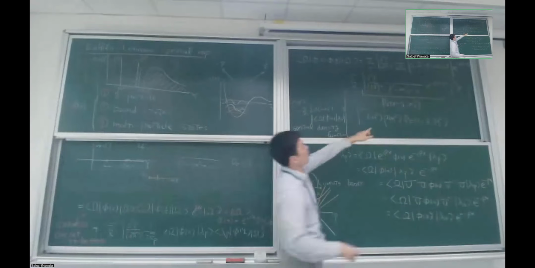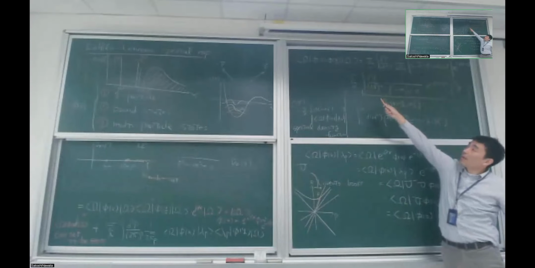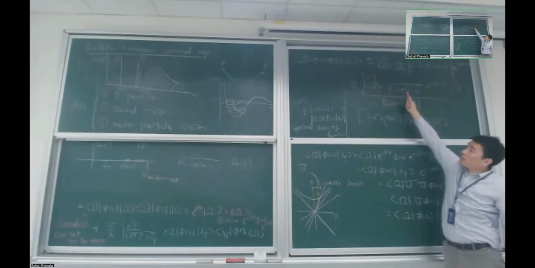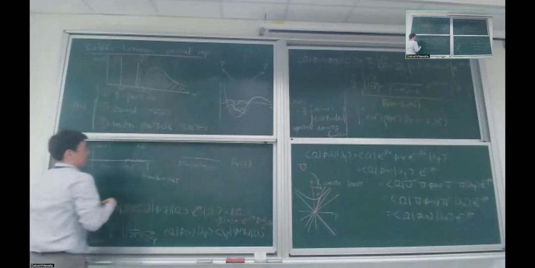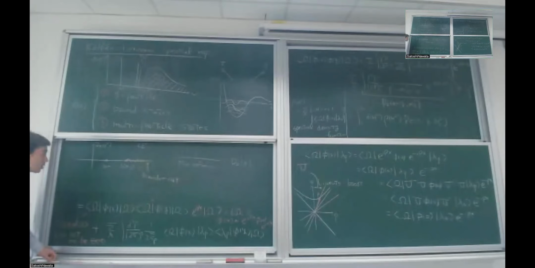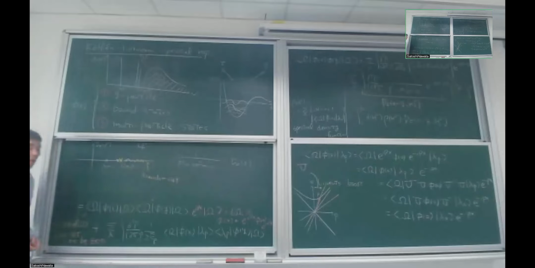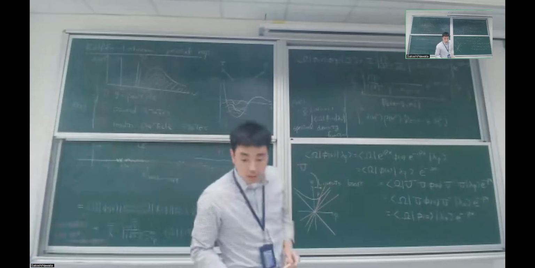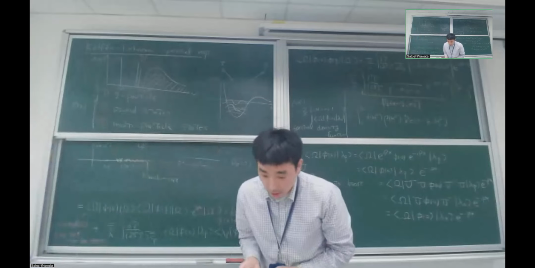So here, phi of x, or phi of y, can create multi-particle states which have poles around here, which creates the so-called branch cut. And then, of course, you have some additional poles coming from the bound states. So that's a typical two-point function in an interaction theory in momentum space.